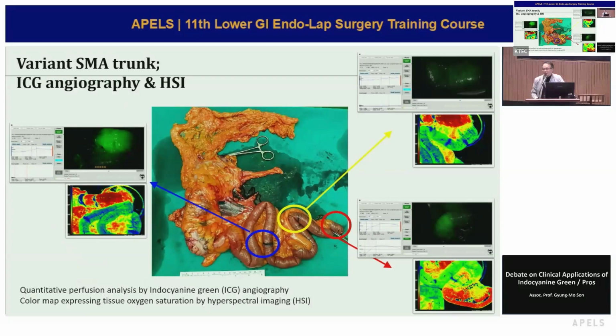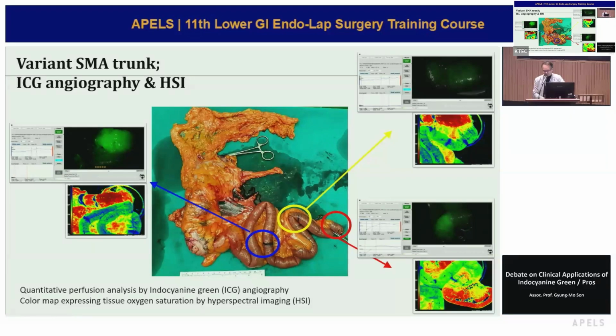The proximal colon showed very good perfusion, but the small bowel became ischemic. So I needed to try again and again to find some good perfusion here. So we did the anastomosis and the patient recovered very smoothly.